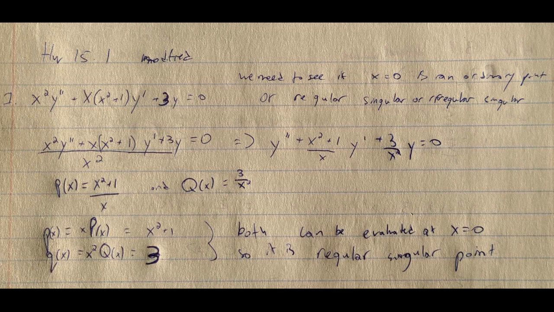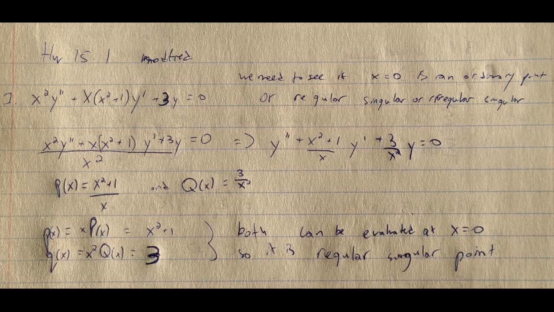We need to see if x equals 0 is an ordinary point, a regular singular point, or an irregular singular point. What we did in the beginning was divide the whole thing by x squared, so we could get it into an equation where we can check if x equals 0 is analytic or not, with p of x and q of x.